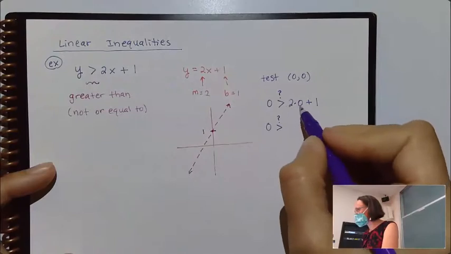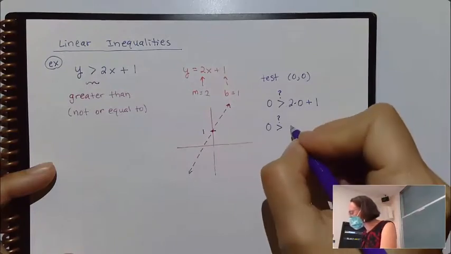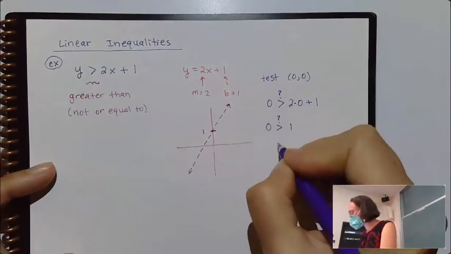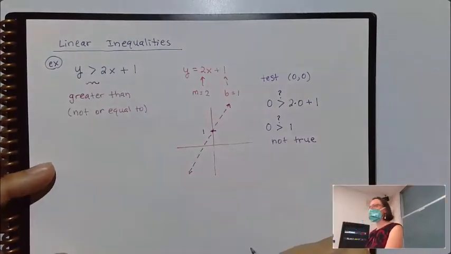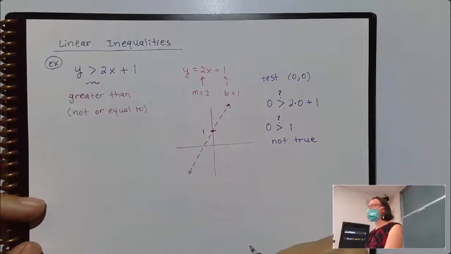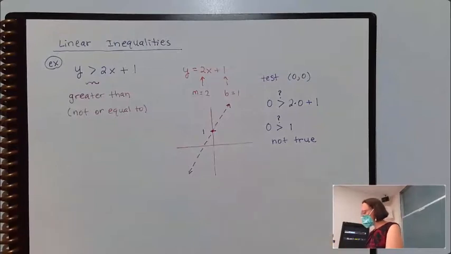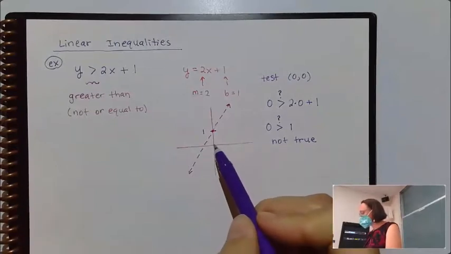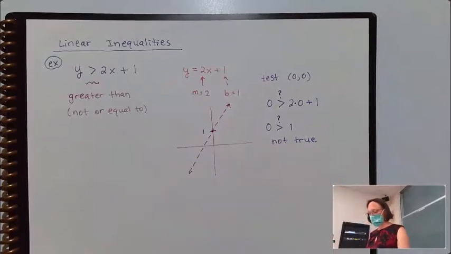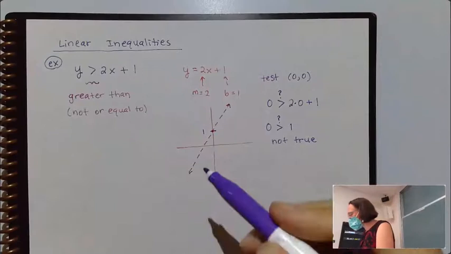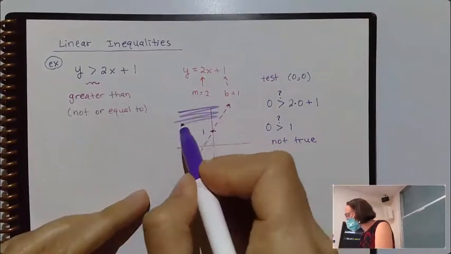Well, 2 times 0 is 0. When I add 1, I get 1. So this is not true. And if it's not true here, the other side of the line is the side that I want. And we can shade it in.